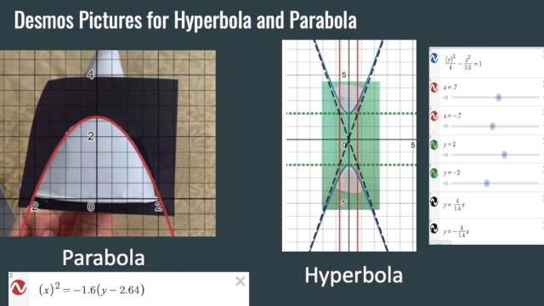So we knew that the a squared value underneath the y squared value in our equation is 4 because 2 squared equals 4. With the b squared value being 0.5, we figured out that the b value is 0.7. And then we created the lines on Desmos as follows: y equals 2, y equals -2, and x equals 0.7 and -0.7. This created our rectangle for the hyperbola. The intersecting corners gave us our asymptotes.